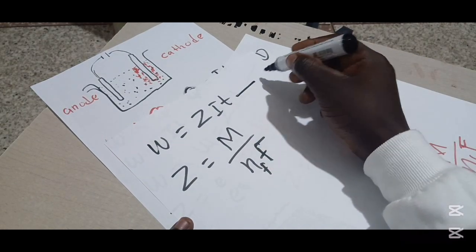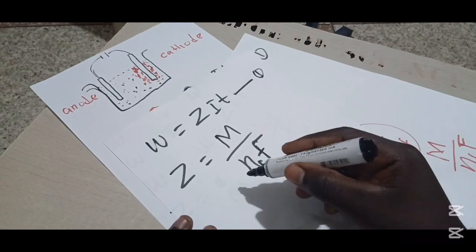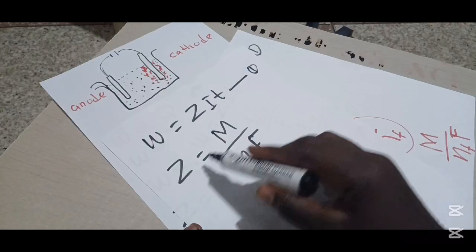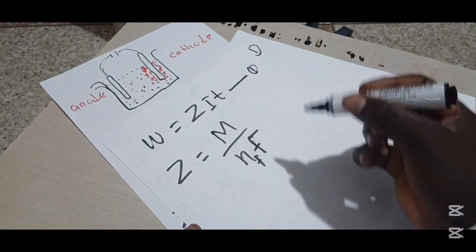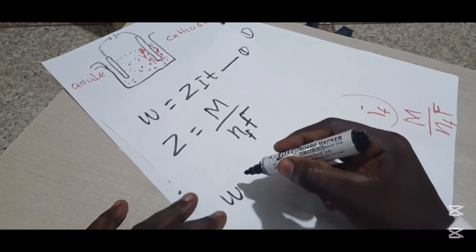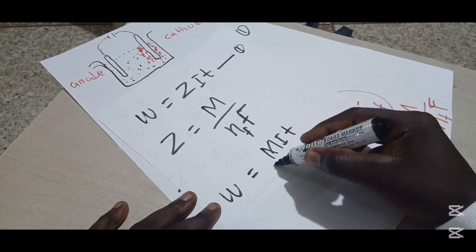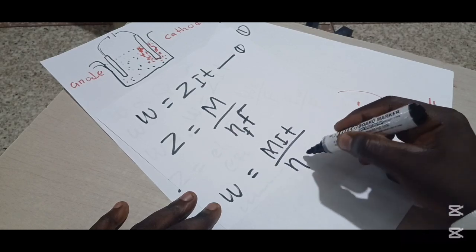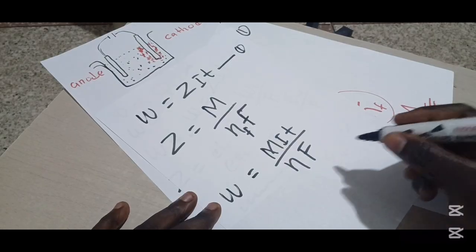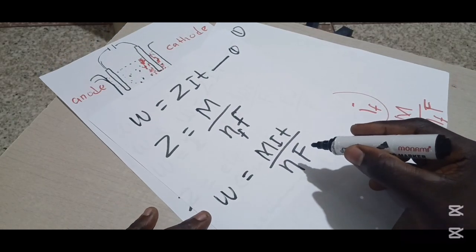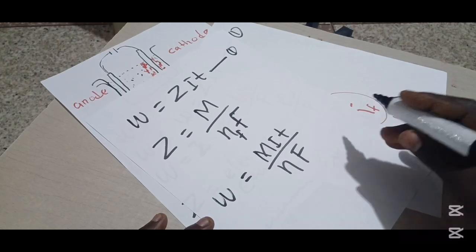Now, notice equation 1, and let's derive another equation, which is equation 2. We just have to substitute the value of Z into this equation. Then we get W equal to MIT over nF. You can decide to bring a subscript F, or you can just leave it, but don't forget that n is the number of electrons, the charge on the metal.